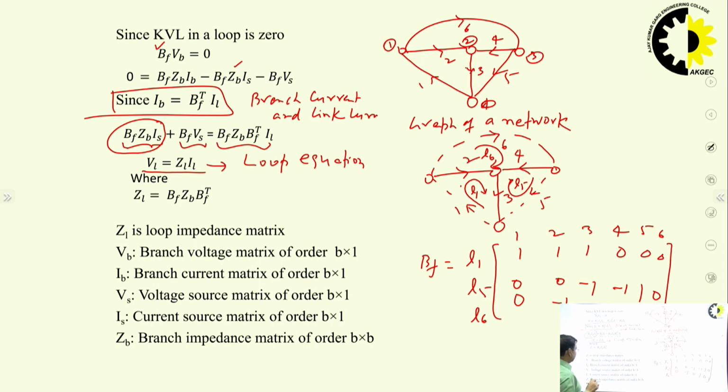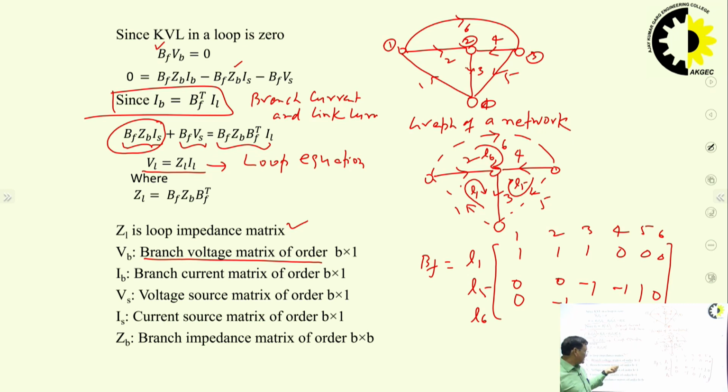So ZL is the loop impedance matrix. VB is the branch voltage matrix. It will be in matrix form. So VB will be the branch voltage matrix; if there are 6 branches, it is of order 6 by 1, 6 rows and 1 column.